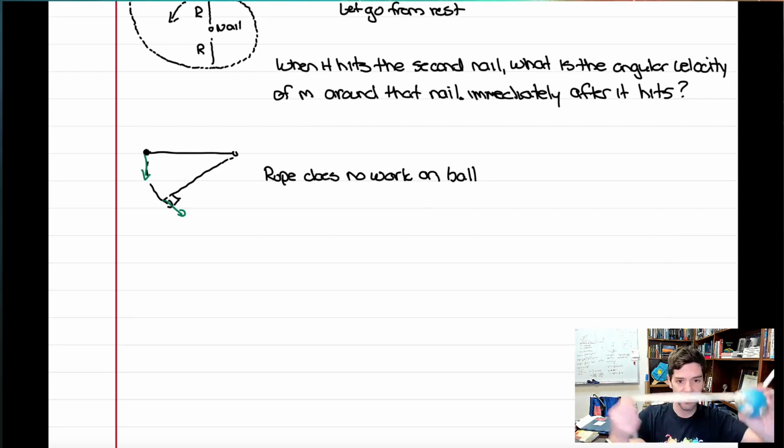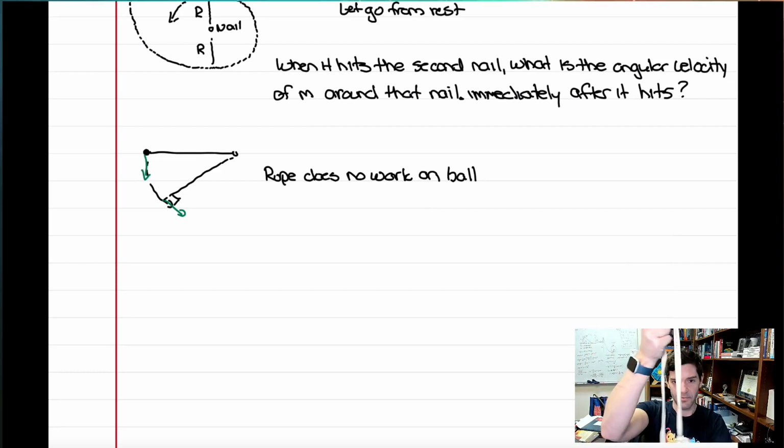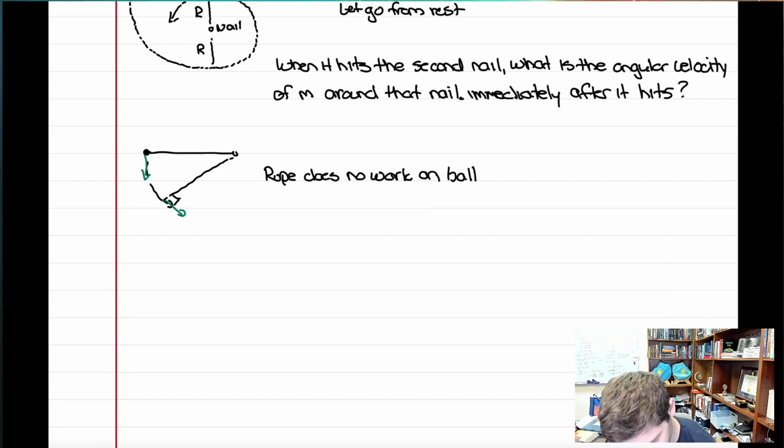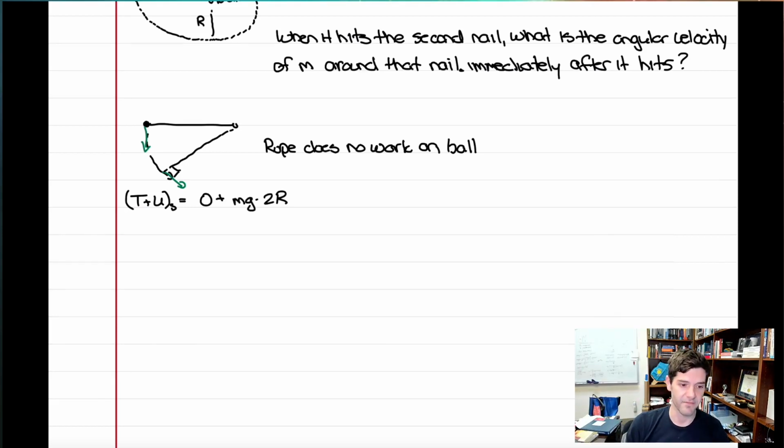So we can at least apply energy conservation from when it goes from this starting point to when it gets down to vertical right before it hits the nail. So T plus U at the start, I might say, is no kinetic energy, and then it's mg times 2r above the ground.